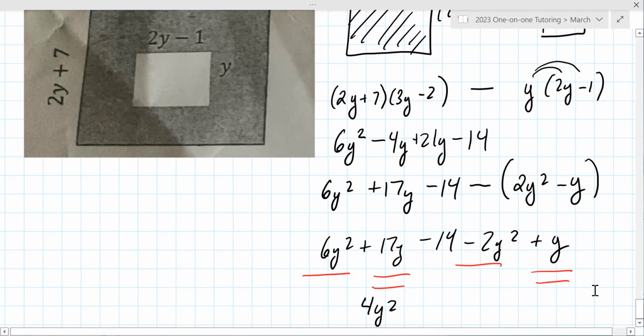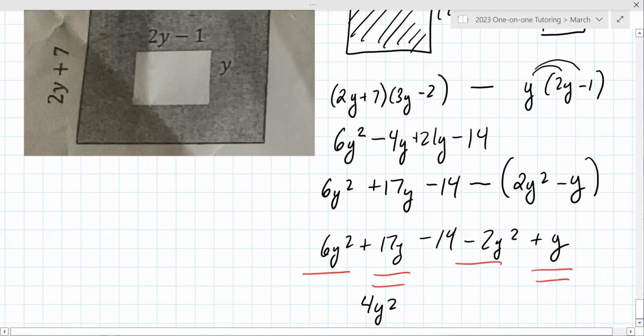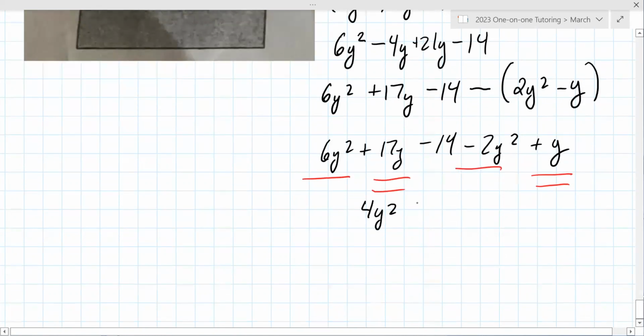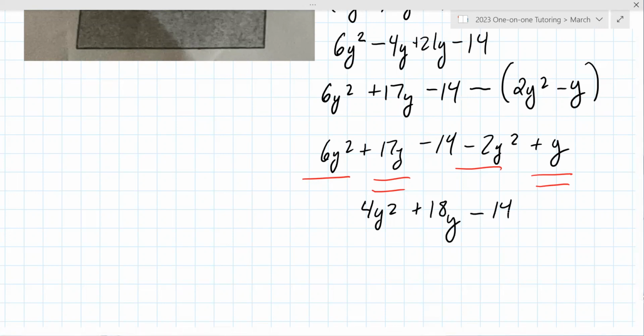The 4y squared plus 18y minus 14. Good. All right, let me know when you get all that down.